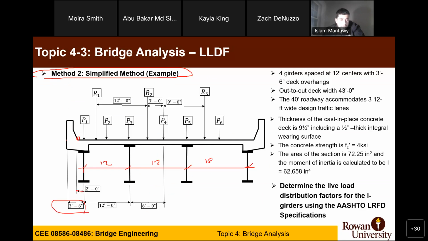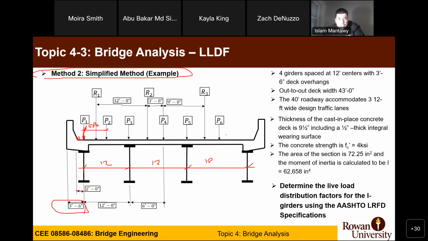The overhang is 3.5, and you can put 2 feet to put your first wheel load for the first truck. After that, you put 6 feet, and you keep adding loads at 6 feet.